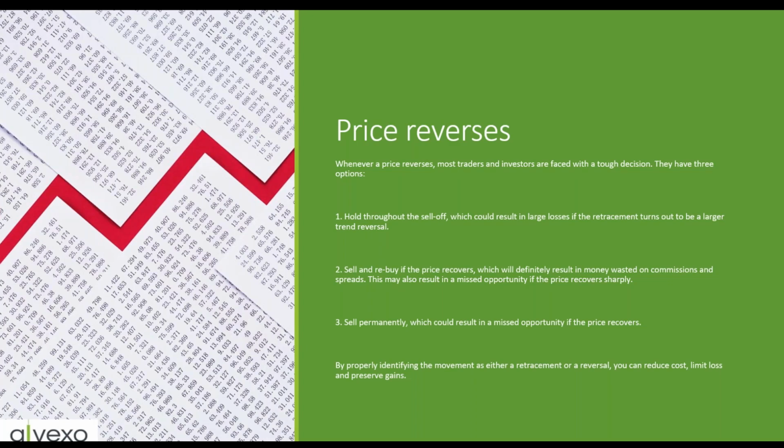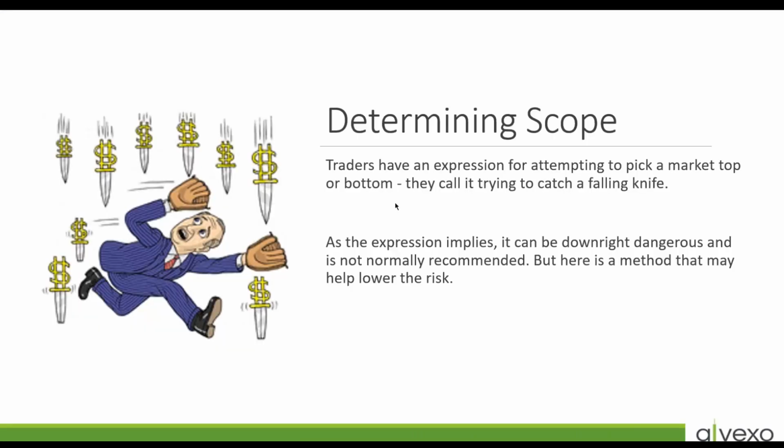You would never stay in the markets long enough to make profit. But by properly identifying a movement as either a retracement or reversal, you can reduce your costs, limit your losses, and preserve your gains. Now, remember what I said to you. You're never going to pick the ultimate top or bottom. We call this catching a falling knife.